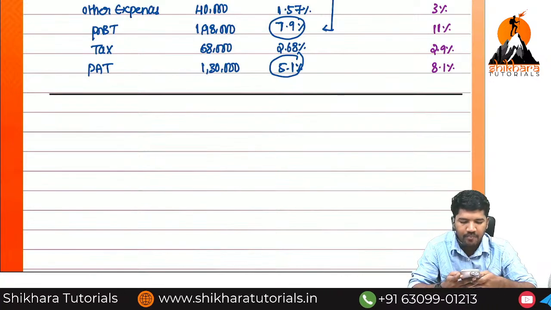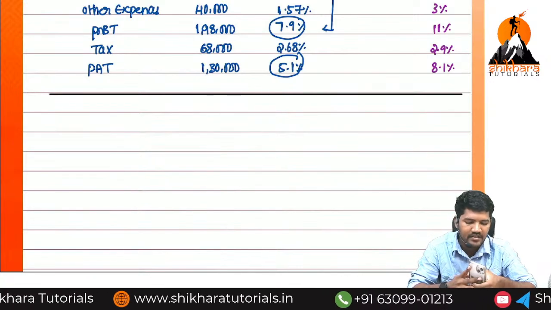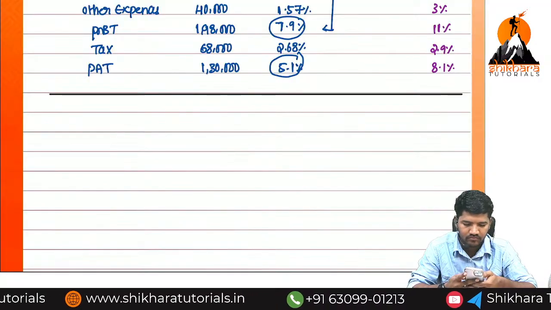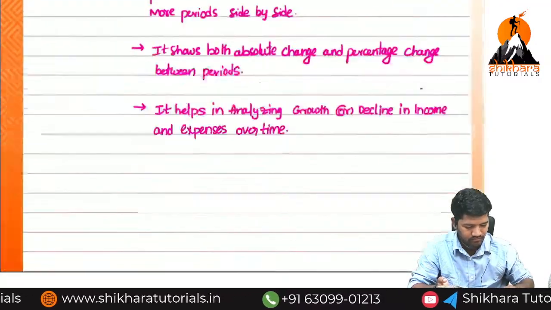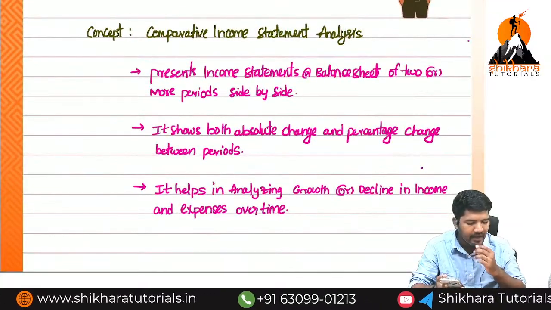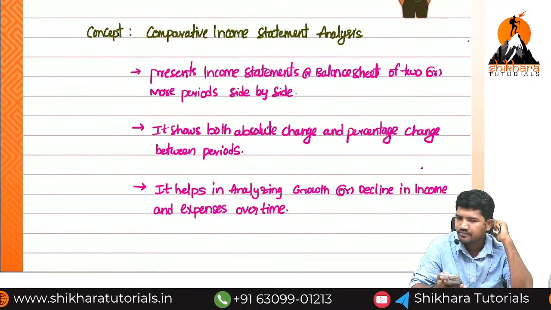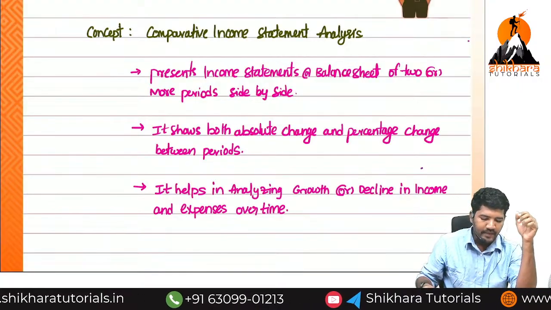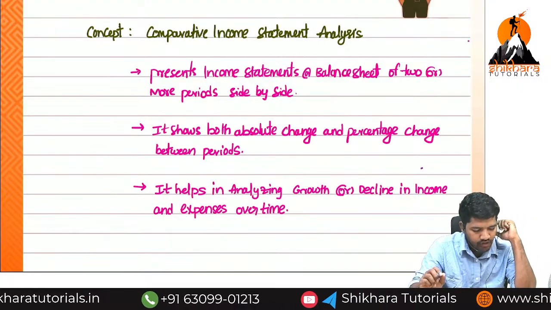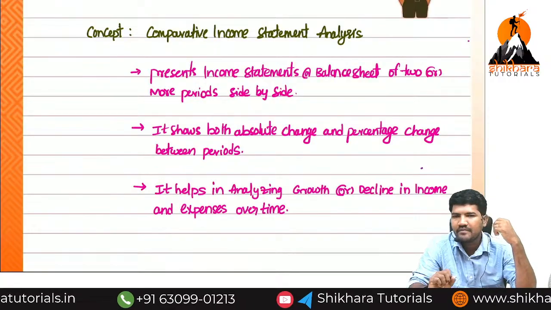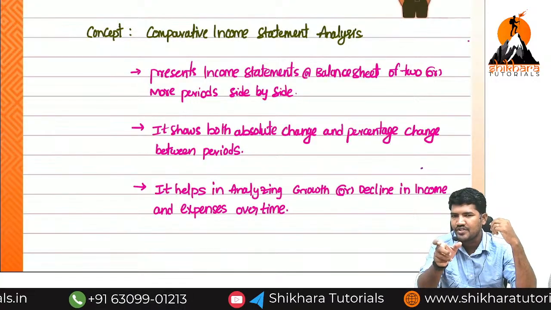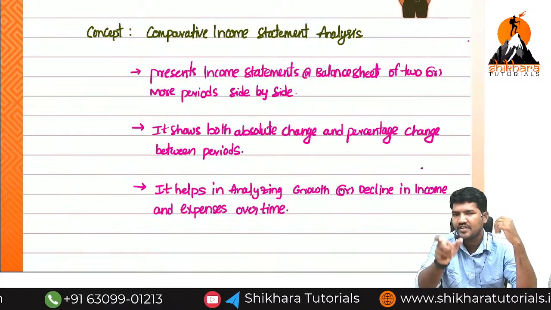Now let us check the points regarding comparative statement analysis. See the concept: comparative income statement analysis presents the income statement or balance sheet of two or more periods side by side. Previous year balance sheet, this year balance sheet, or previous year income statement, this year income statement.